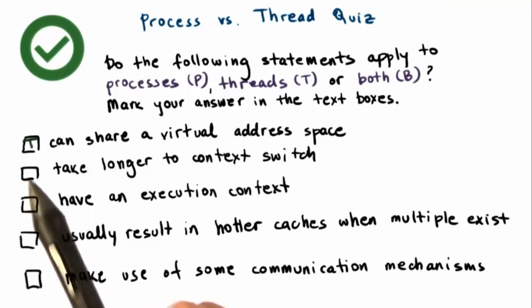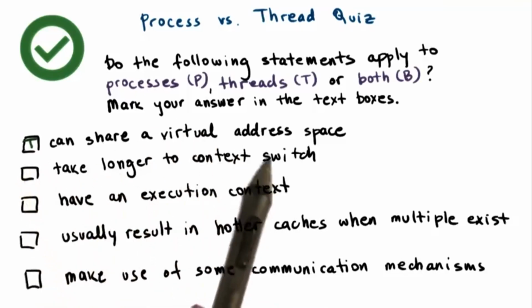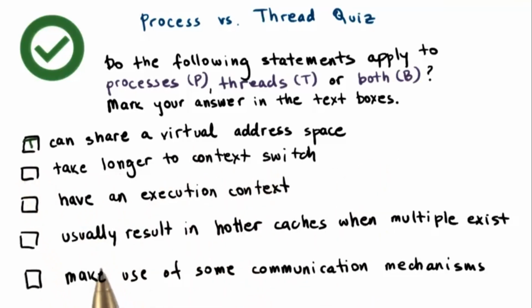The first statement applies to threads. Each thread belonging to a process shares the virtual address space with other threads in that process. And because threads share an address space, the context switch among them happens faster than processes. So processes take longer to context switch. Both threads and processes have their execution context described with stack and registers.